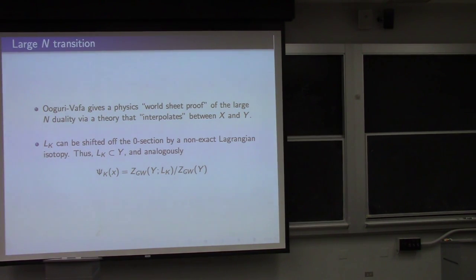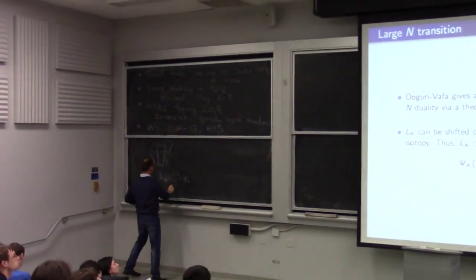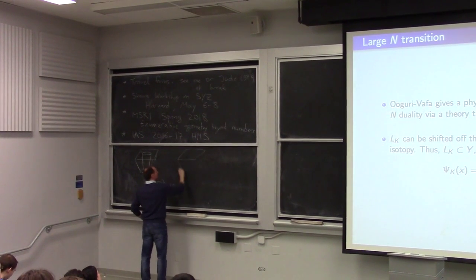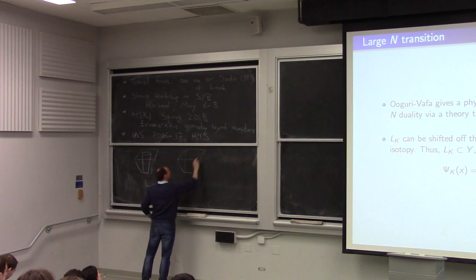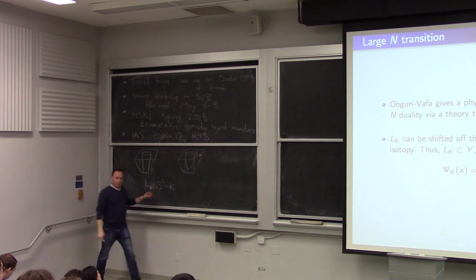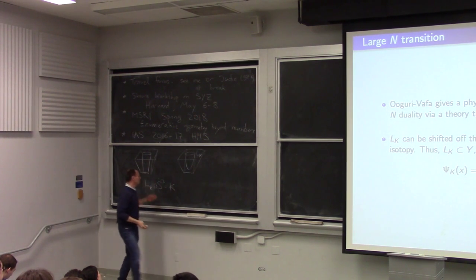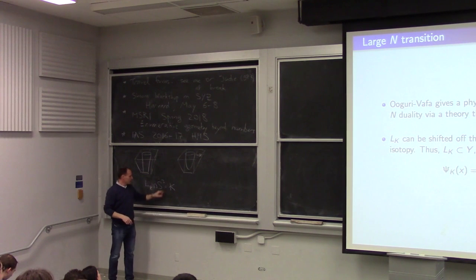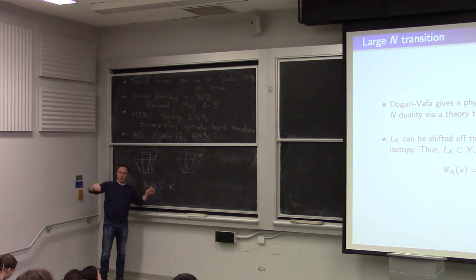But what we're proposing is to actually take this LK and shift it off of the zero section, so that it looks like this instead, keeping the notation. Now you cannot do that quite with an exact deformation, so we're using a non-exact deformation, in the simplest possible way. If you think about the Lagrangian conormal, then it sits over a small neighborhood of K, which is just looking like S1.